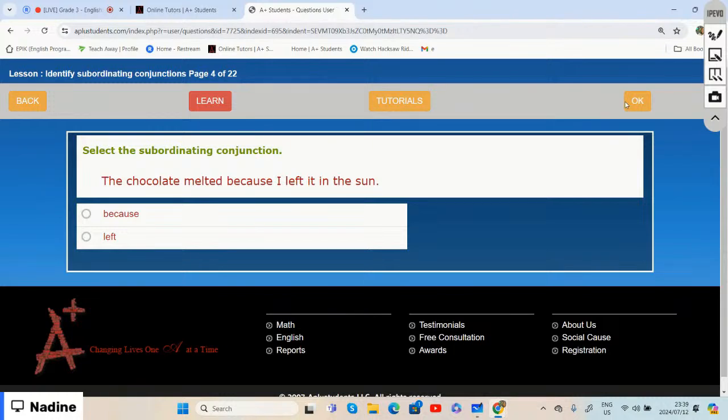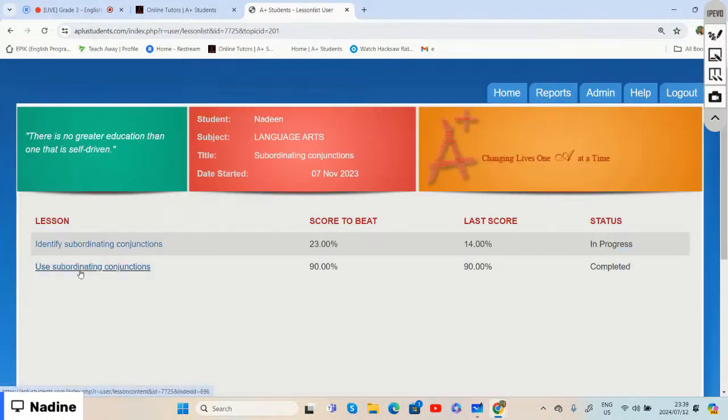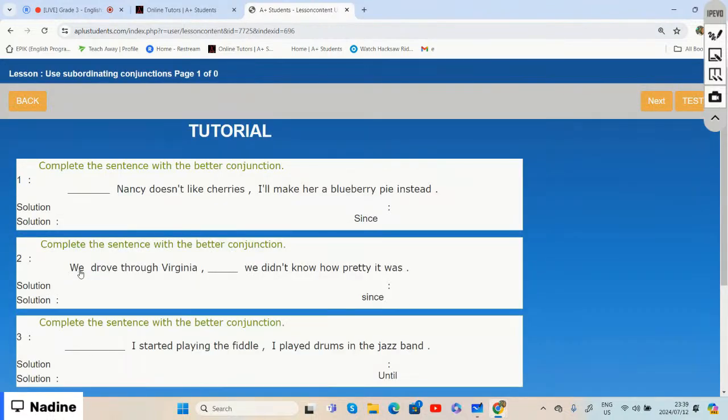All right, so now we're going on to our next lesson, where we are going to use the subordinating conjunction. We had to identify it within a sentence. Now we are going to use our subordinating conjunction.